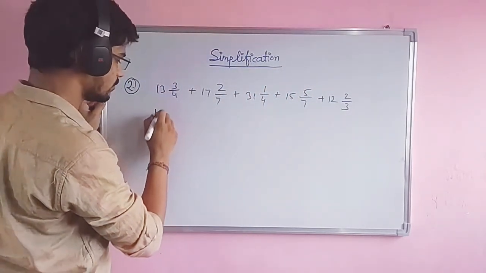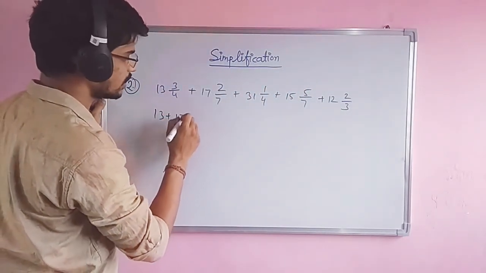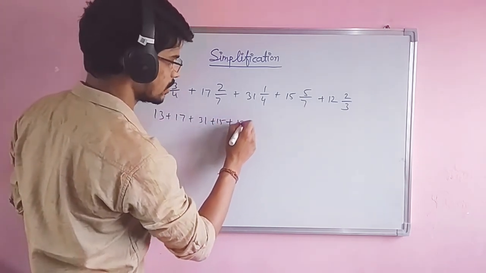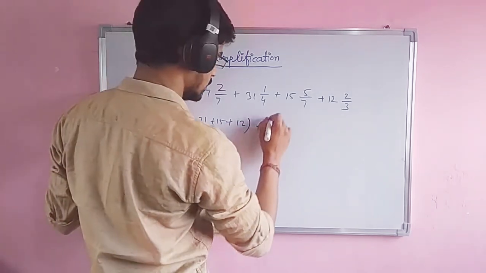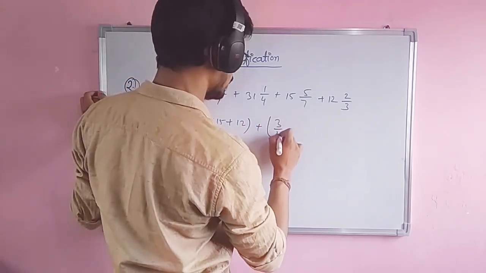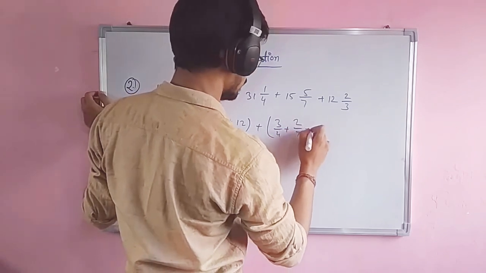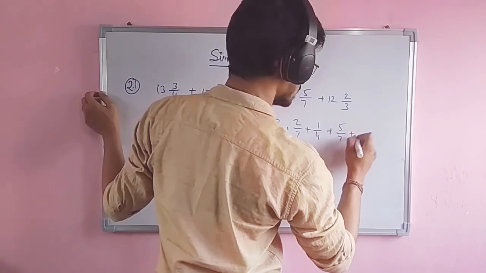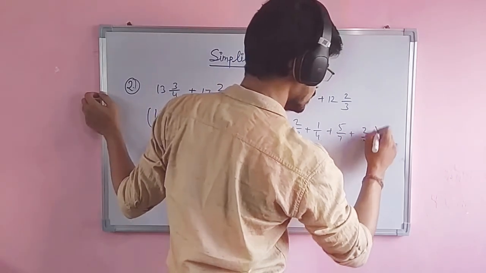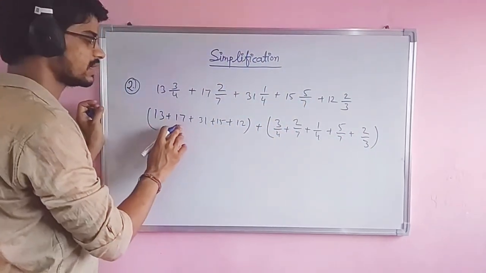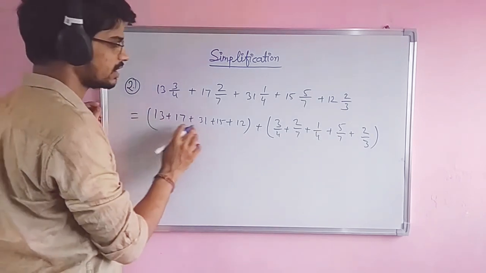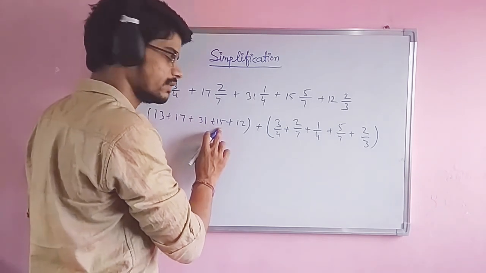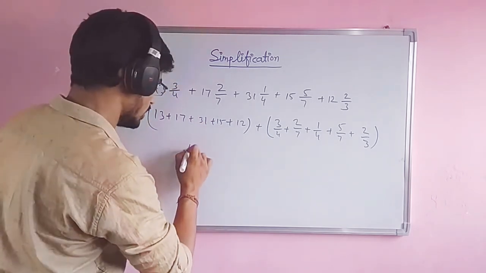Now consider the integer parts on one side: 31 plus 15 plus 12 and add, and 3 by 4 plus 2 by 7 plus 1 by 4 plus 5 by 7 plus 2 by 3. 13 plus 17 is 30, 30 plus 31 is 61, 61 plus 15 is 76, plus 12 is 88.